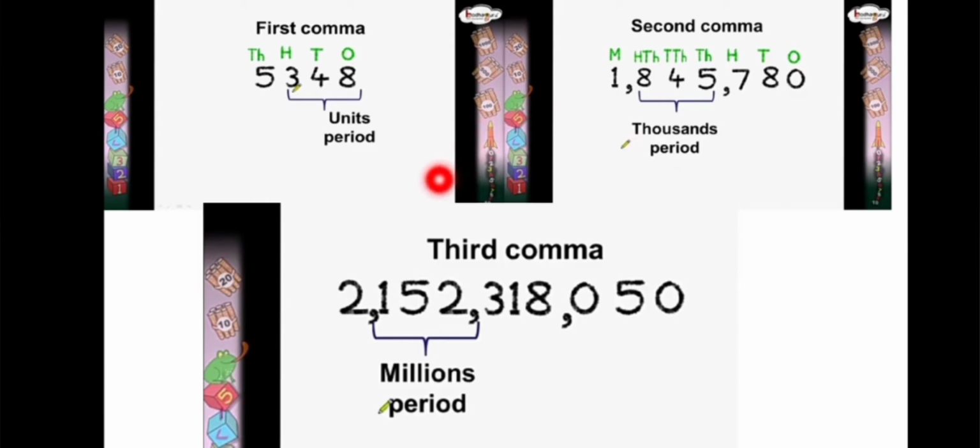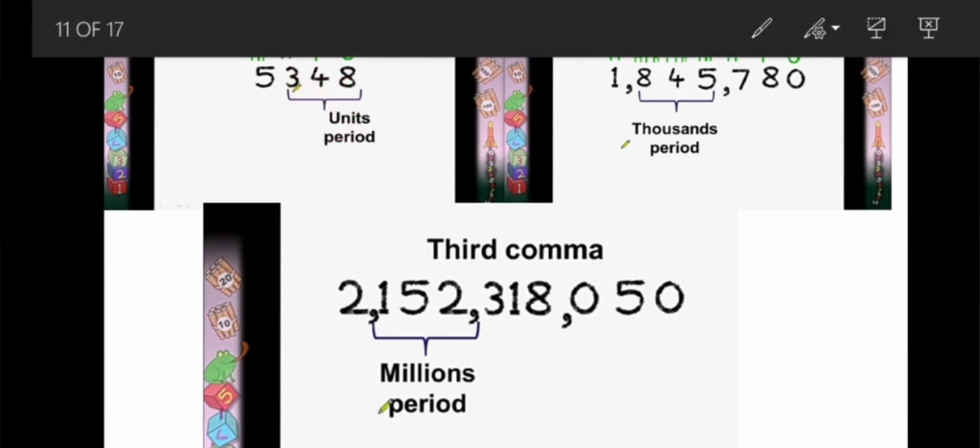As you can all see in the display, the first comma is put after the units period, or we can say after 3 digits from the right side. 8, 4, 3. The first 3 digits are known as the unit period: ones, tens, hundreds. The first comma we put after 3 digits.